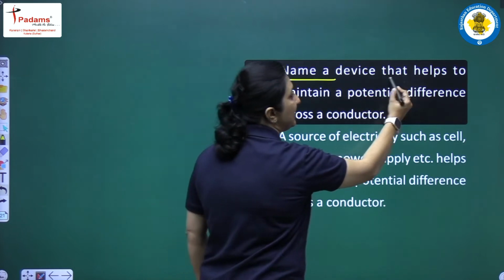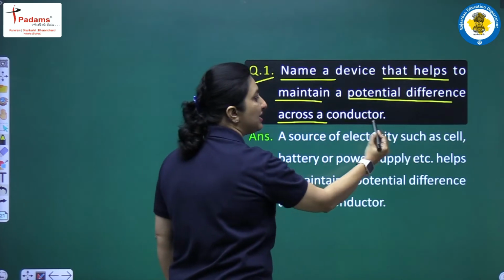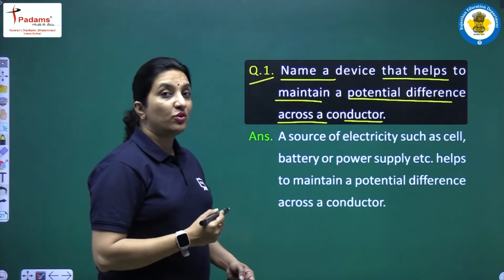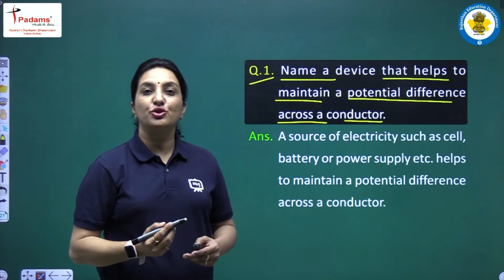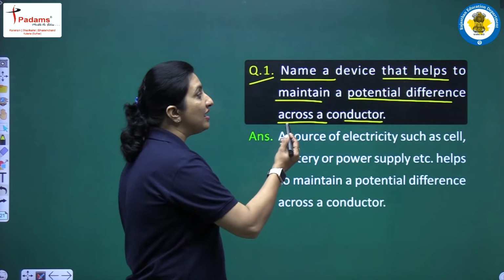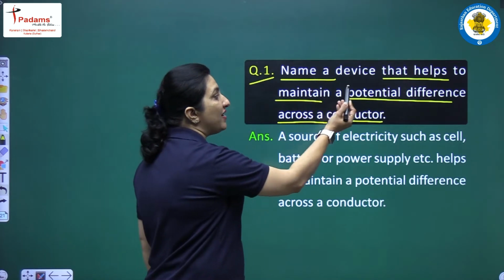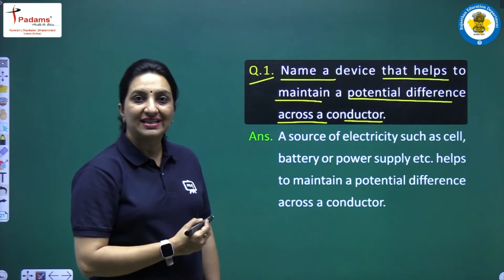Now let's see the next question, which is question number 1 given in your textbook. Name a device that helps to maintain a potential difference across a conductor. Now students, we know that for the flow of electric charge, a gradient which is known as potential difference is required. So here we have asked that name a device that helps to maintain a potential difference across a conductor.